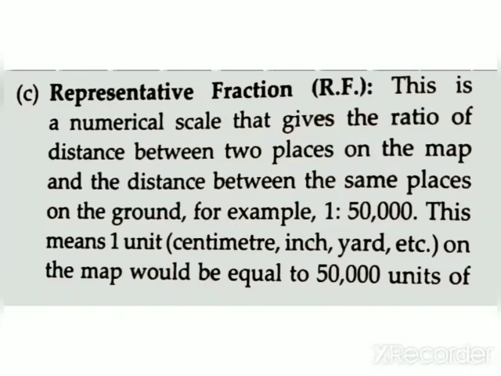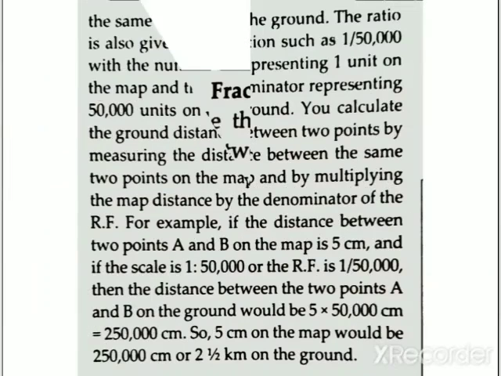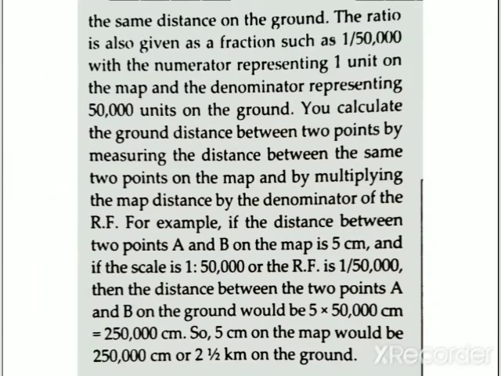This is a numerical scale that gives the ratio of distance between two places on the map and the distance between the same places on the ground. This means 1 unit on the map would be equal to 50,000 units of the same distance on the ground.